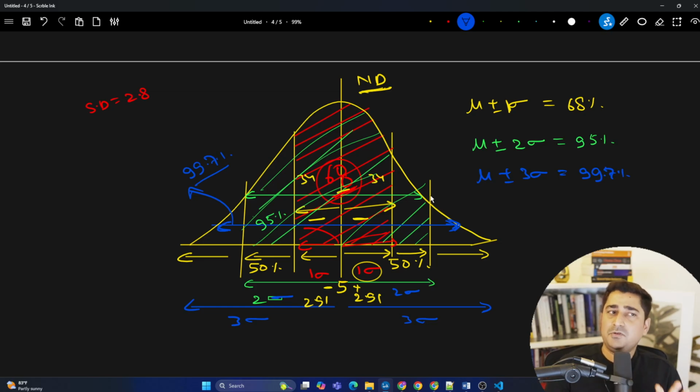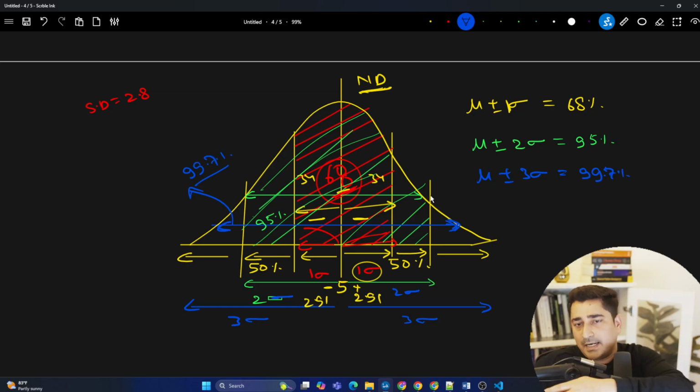But eventually you will find that in some machine learning use cases, and even statistically, you have to convert your normally distributed data set, which does not have mu equal to 0 and sigma equal to 1, into a data set where mu is equal to 0 and sigma is equal to 1. So you have to convert a normal distribution to a SND, a standard normal distribution data set.